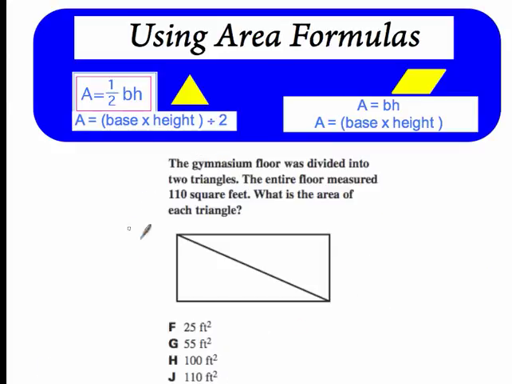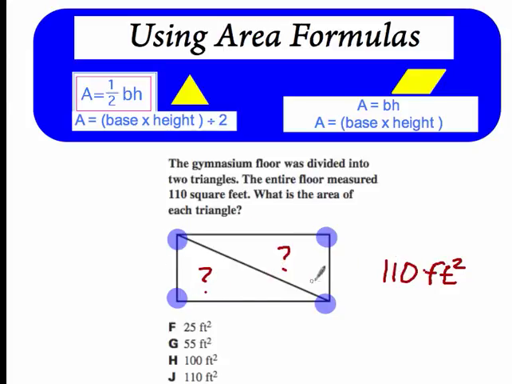Look at this one. It says the gymnasium floor was divided into 2 triangles. Okay, we can see that. We have a triangle here and we have a triangle here. The entire floor measured 110 square feet. So that means this whole thing altogether was 110 square feet. What is the area of each triangle? So, if the whole thing's 110, we've got to figure out what this triangle and this triangle are separately.